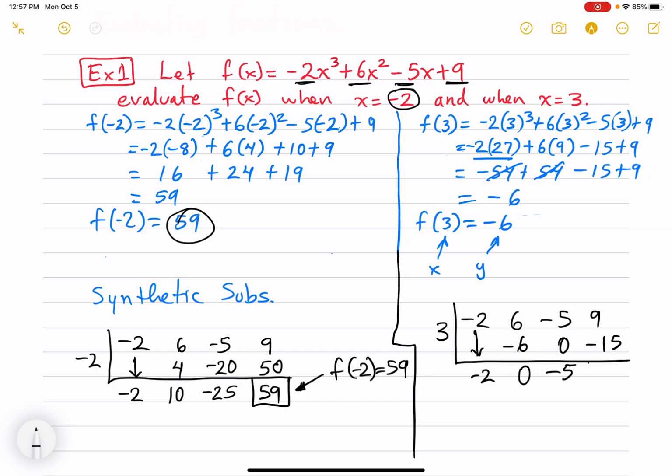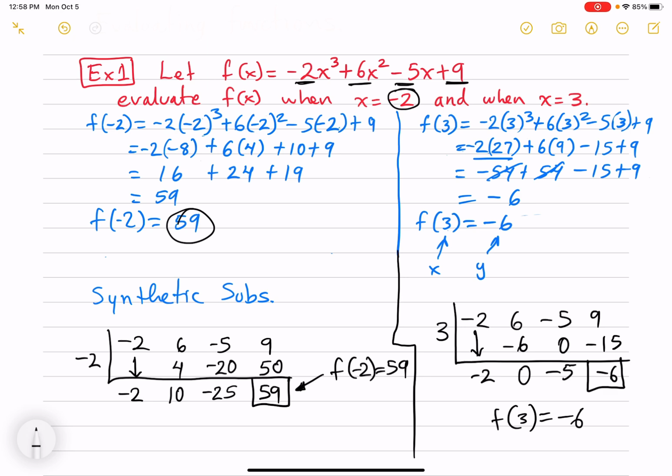And -15 and 9 make a total of -6. And that's what the answer was. So this is another way to do synthetic substitution. Another way to evaluate at an x value. If we have a polynomial function, it has to be a polynomial function.